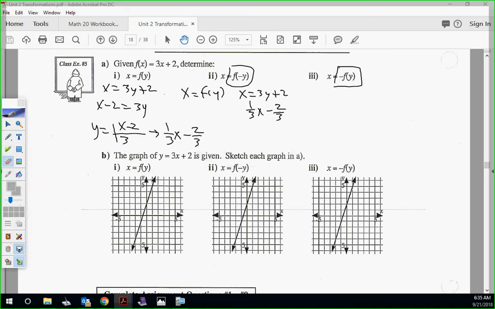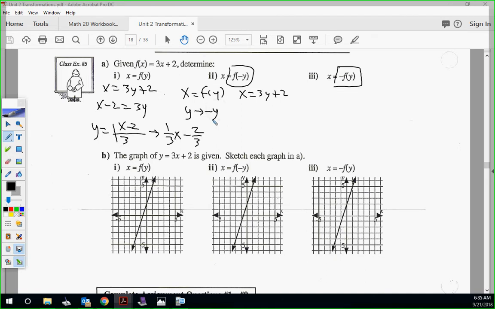So it's a little bit easier to do the movements before you solve. Don't solve for y right away. So we just switched to f of y here, and then from here we want to go ahead and flip over the x-axis. Okay, that's one option. You can do the other one. I'm just going to do one.